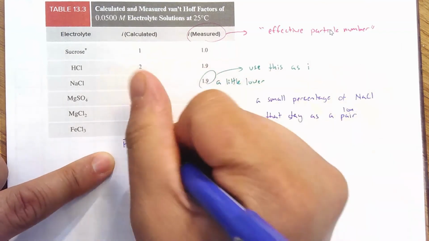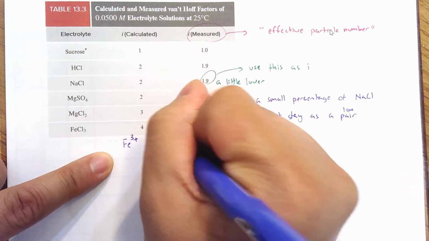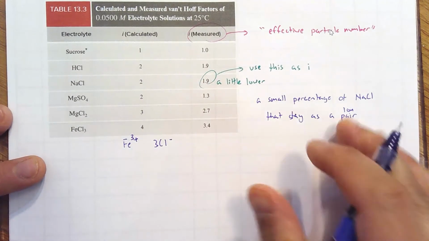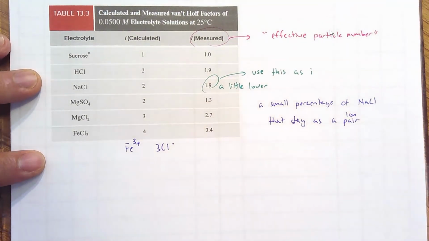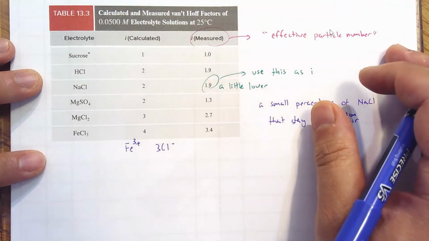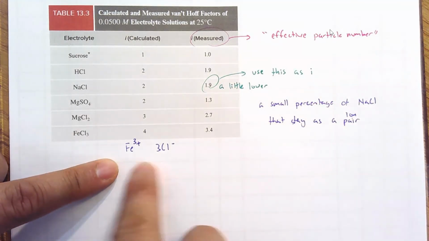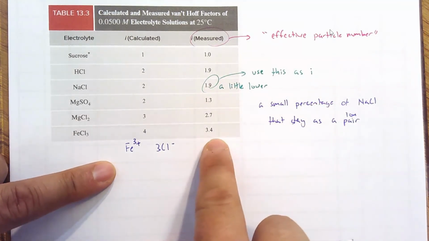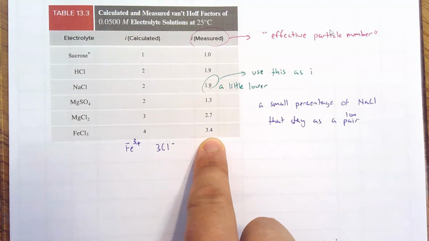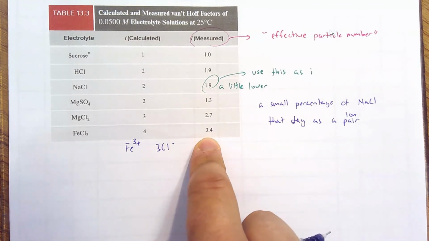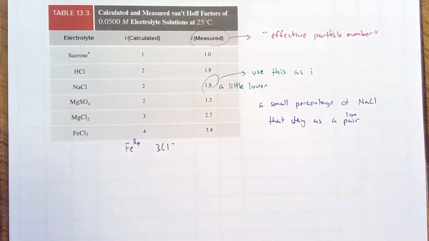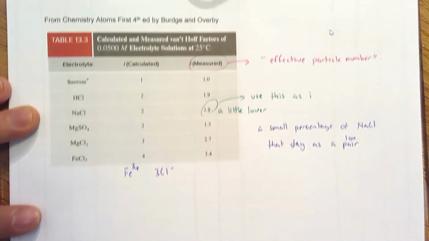Fe3 plus, because you need 3 Cl minuses. Yeah, I gotta review my ionic compounds. But there are 4 particles here. But in actuality, it acts as if there's only 3.4 particles per molecule. Okay, I believe that's all I want to say.